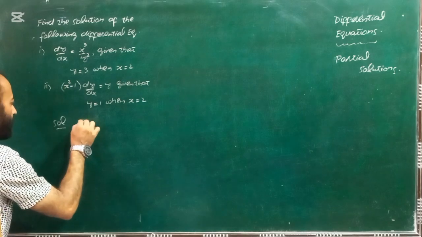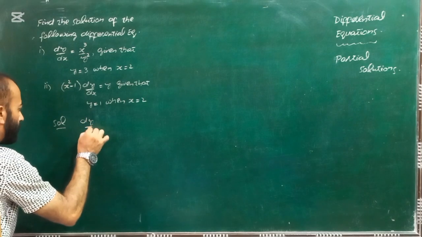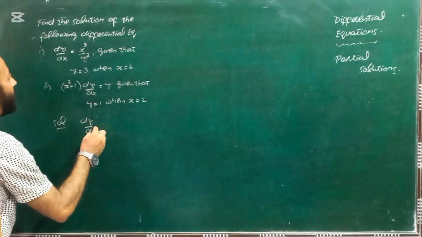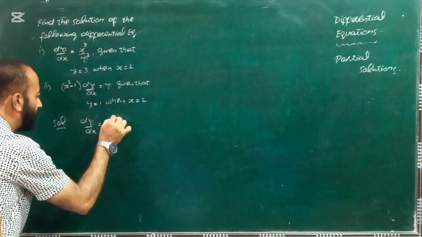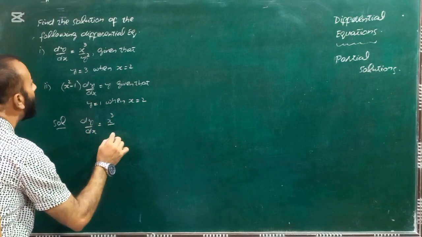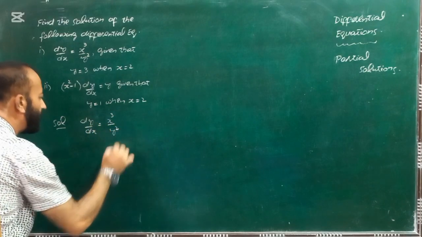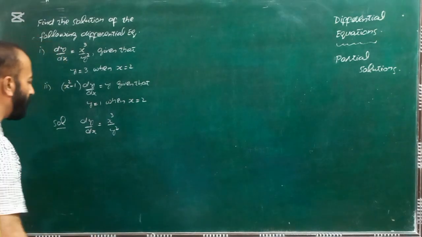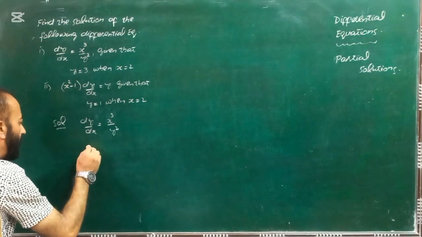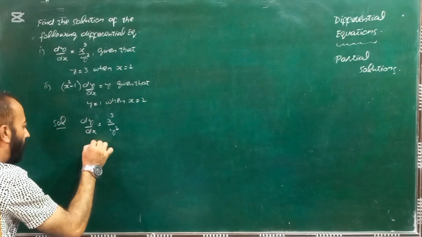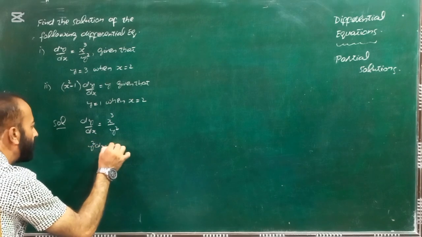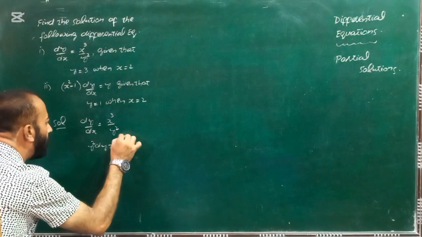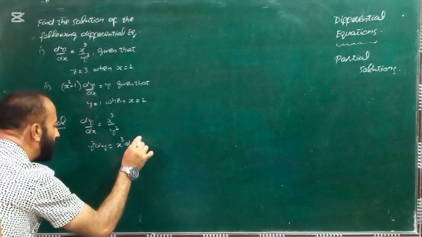So dy by dx is equal to x cube over y square. So the steps will be same. We will follow these same 3 steps, separating values of y on left side and of x on right side.